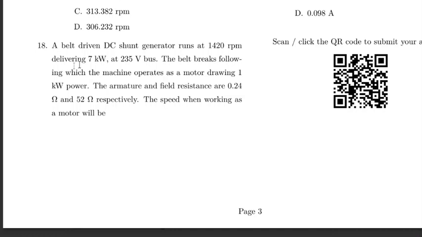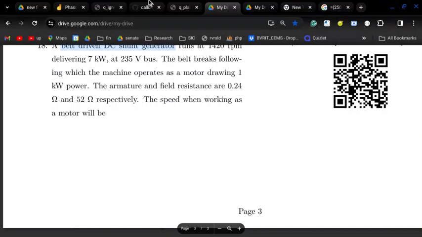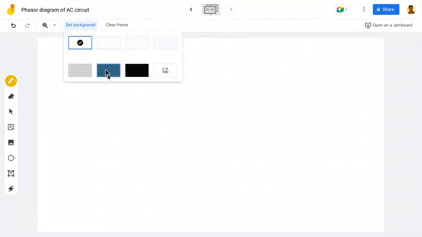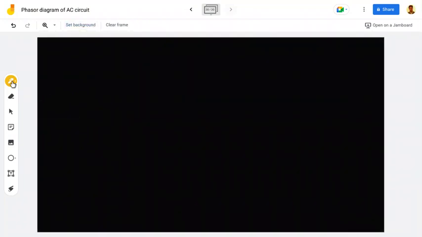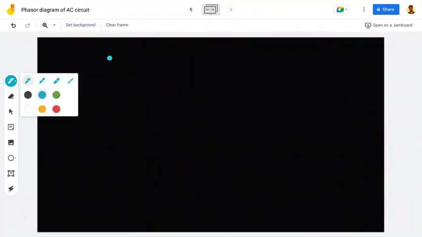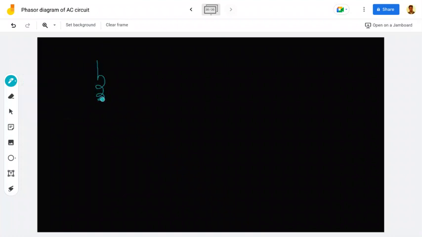So the question is a belt driven DC shunt generator. Let's draw that. See, a shunt generator, right? It will have a shunt field winding, and G is the generator.